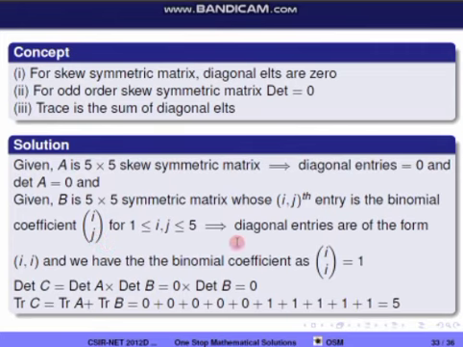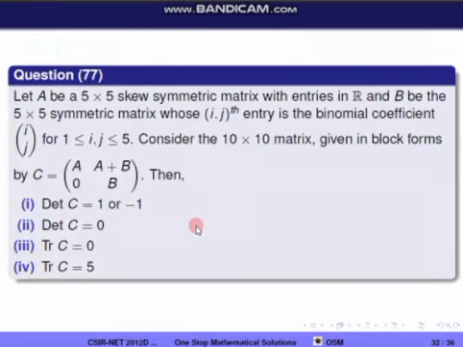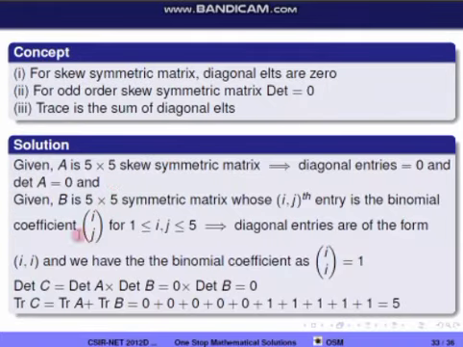So diagonal entries are of the form (i choose i), and the binomial coefficient for diagonal entries is equal to 1. And we know determinant of C is equal to determinant of A into B. So we get determinant of C is equal to determinant of A into determinant of B. We got determinant A is equal to 0. Therefore, determinant C is going to be 0.